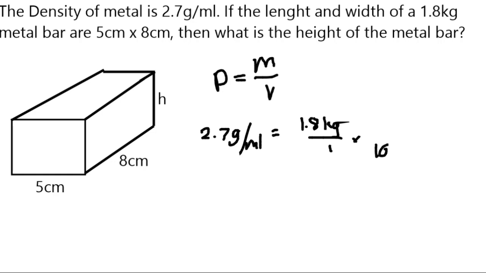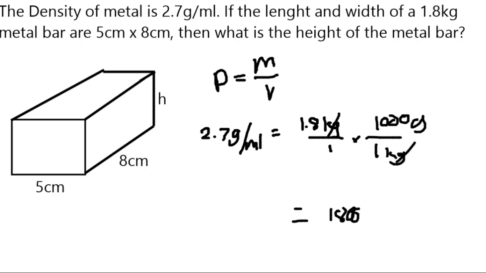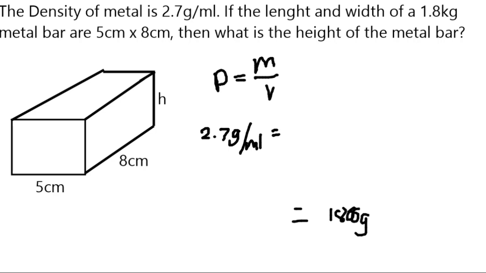But we have the given density in grams, so we're just going to convert 1.8 kilograms into grams. So we will get 1,800 grams as our mass.